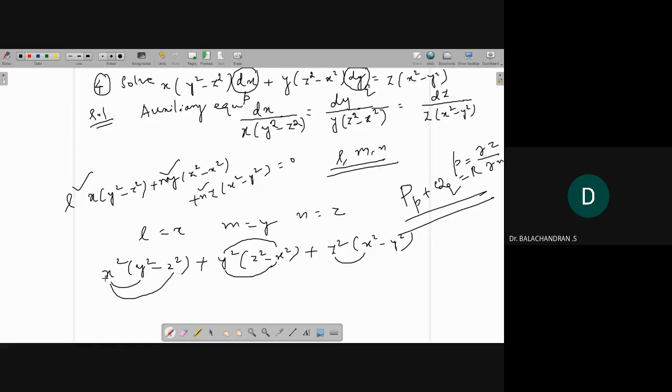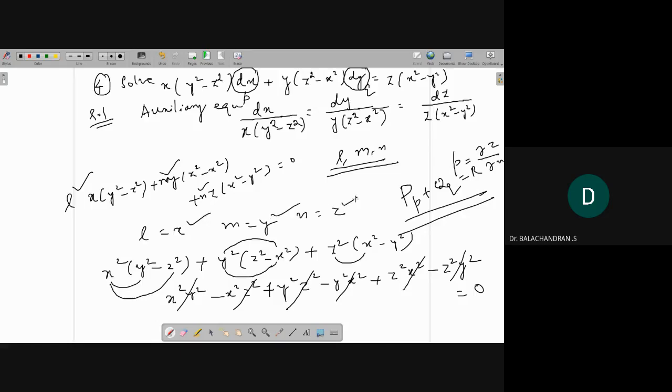So x square y square minus x square z square plus y square z square minus y square x square plus z square x square minus z square y square. You can cancel these two, these two, these two. So you'll get 0. So x, y, z are multipliers.